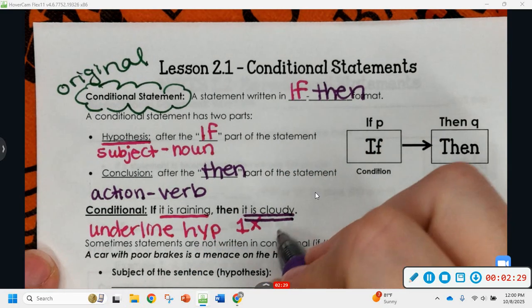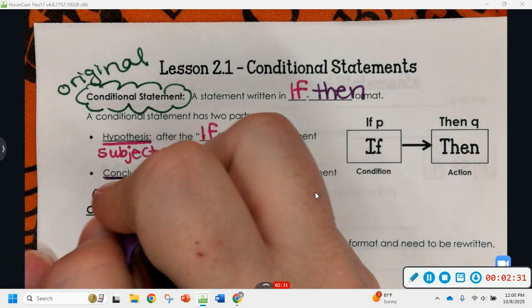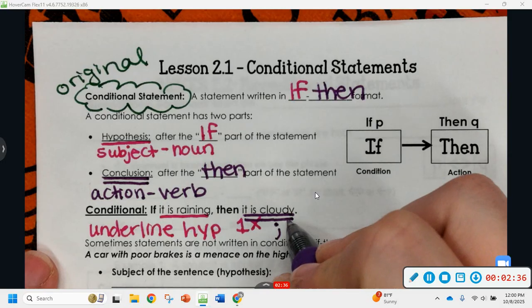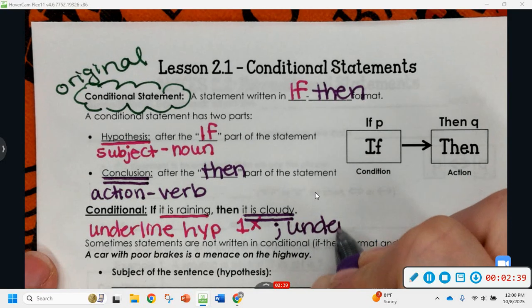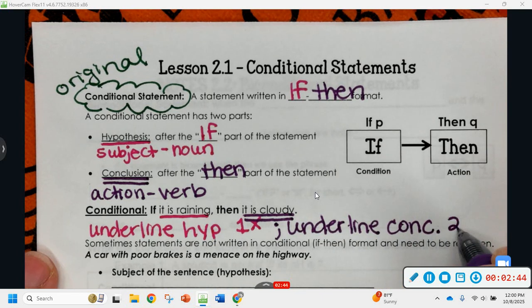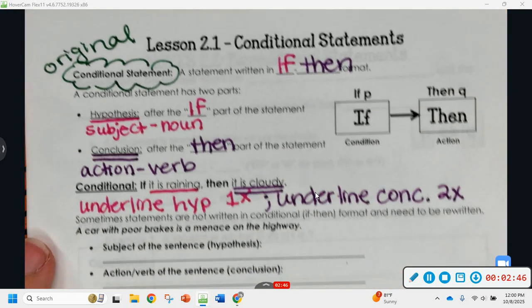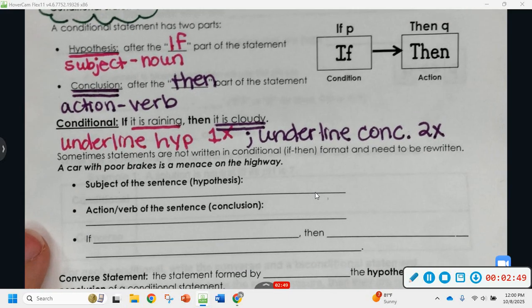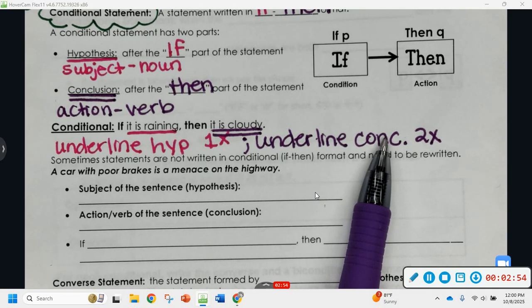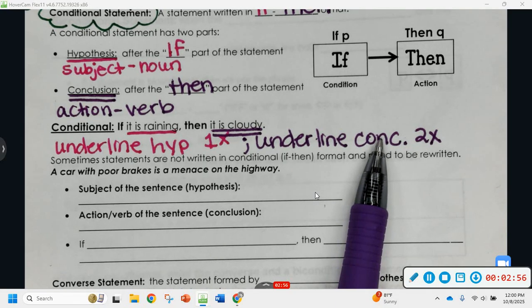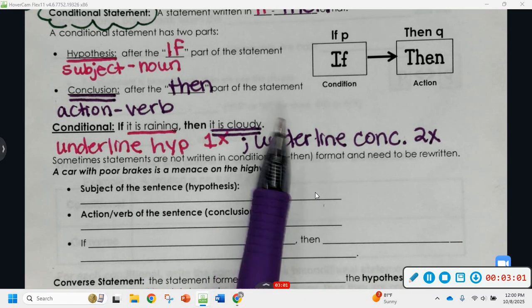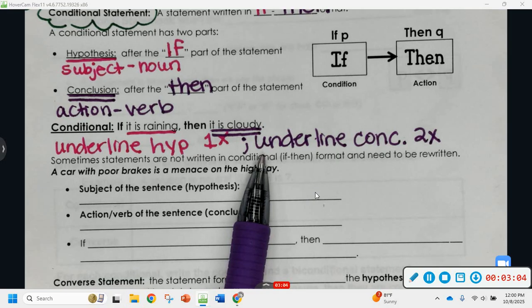And I want you to underline your conclusion 2 times. And when you do that, it's going to help keep that information separate, because we're going to learn what's called the converse, inverse, and contrapositive, and that does some rearranging of what's considered the hypothesis and what's considered the conclusion.